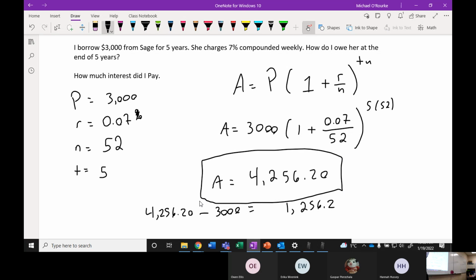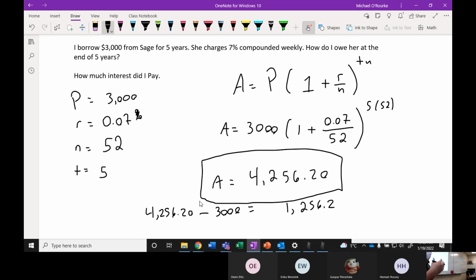So I borrowed 3,000 from her, but she charged 7% interest on that money, compounded weekly. If you think about it the other way around, if I invest money, I get back that money because I invested it.